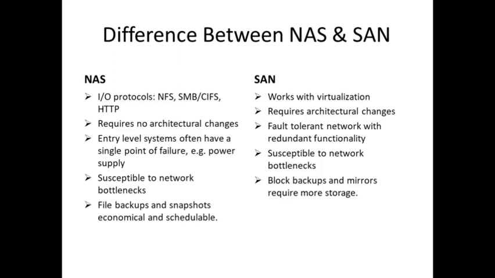In NAS, entry-level systems often have a single point of failure, for example the power supply. In SAN, fault-tolerant network with redundant functionality. Susceptible to network bottlenecks, so this is same for both. File backups and snapshot, economical and schedulable. Block backups and mirror require more storage.